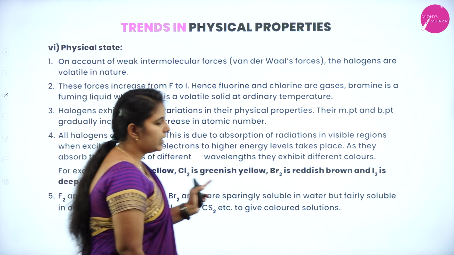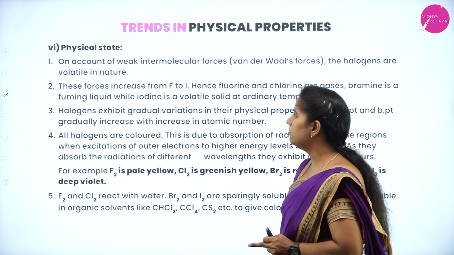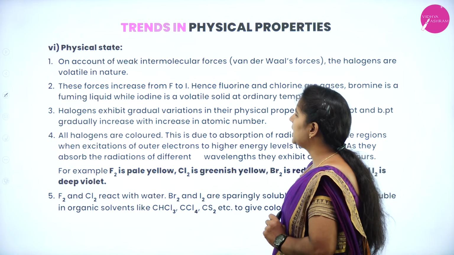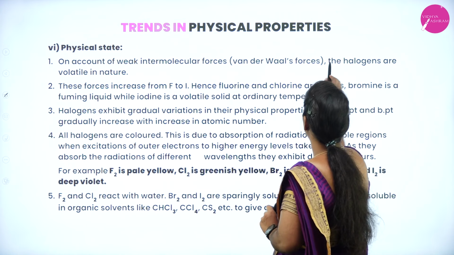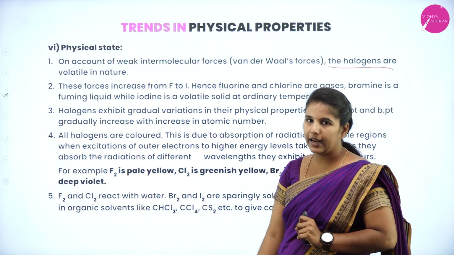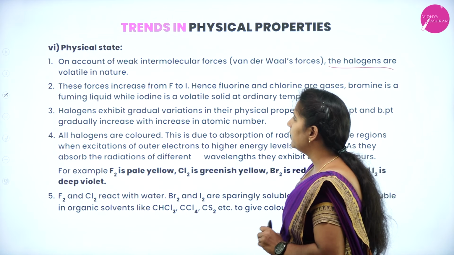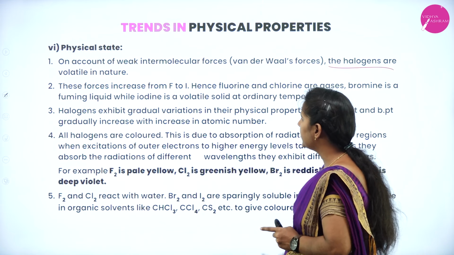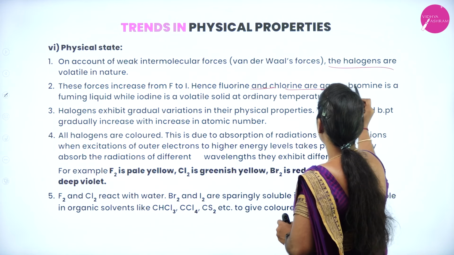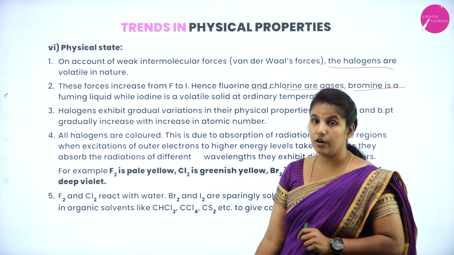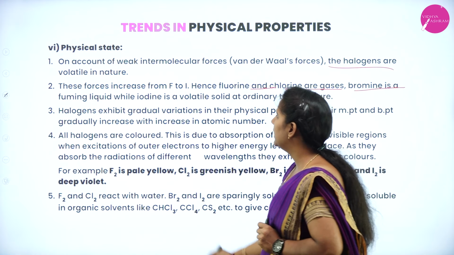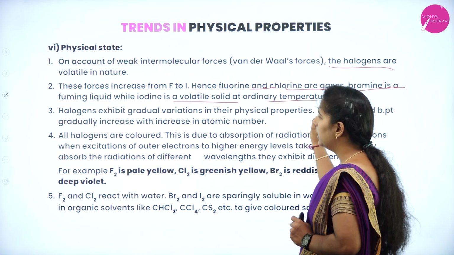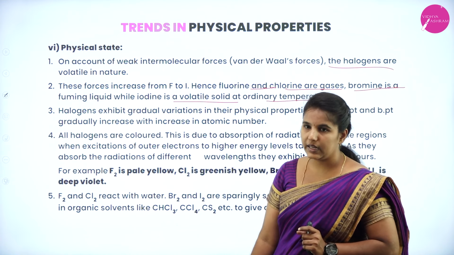Next is the physical state of these group 17 elements. On account of weak intermolecular forces, the halogens are volatile in nature, and these forces increase from fluorine to iodine, and hence fluorine and chlorine are gases, whereas bromine is a fuming liquid and iodine is a volatile solid at ordinary temperature.